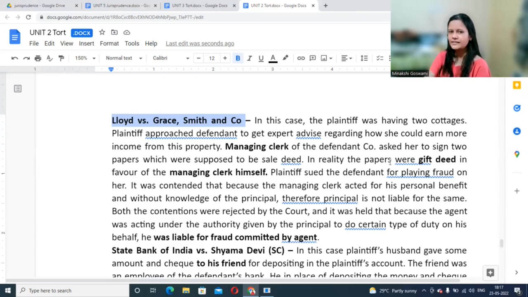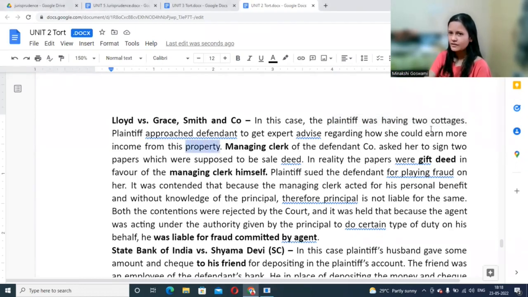Now what happened in this case is there was this plaintiff. The plaintiff was having 2 cottages and approached the defendant to get advice regarding how she can earn income from this property.